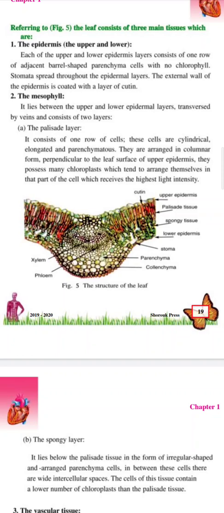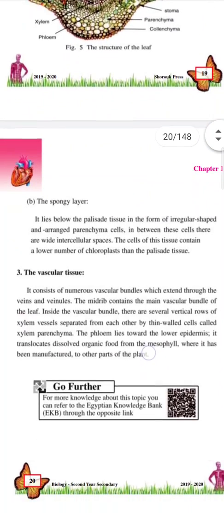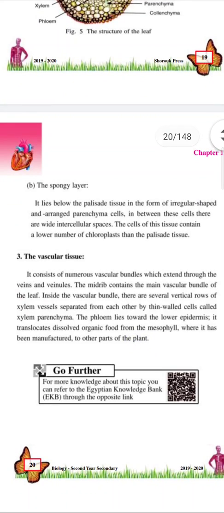Why are they arranged in the upper part of these cells? To receive as much sun rays as possible, to receive so much sunlight. Okay. Part number 2, the spongy layer, lies below the palisade layer.